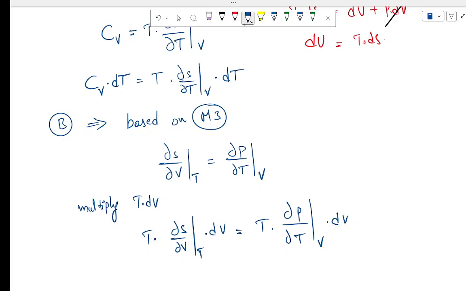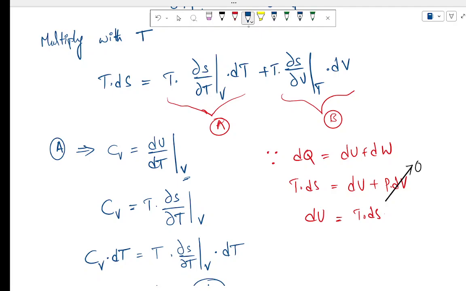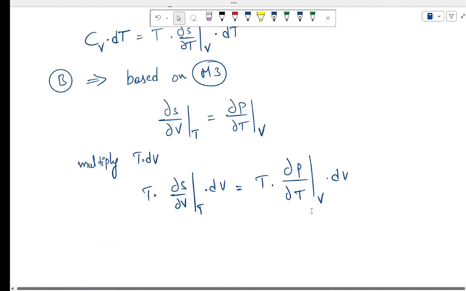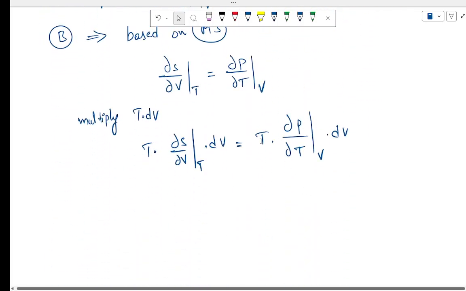So if I do that, you look at this expression of my B here. In this expression of B, I should actually have T here, because I have multiplied it completely. So T into ∂S by ∂V at constant T into dV, which you have on my left hand side, is nothing but T into ∂P by ∂T at constant V into dV.